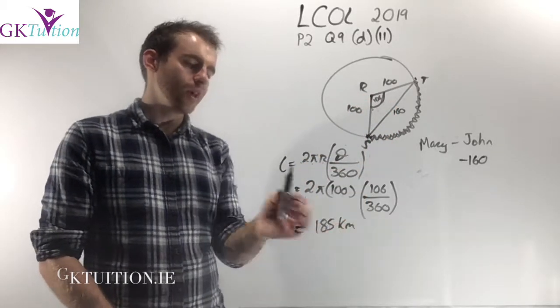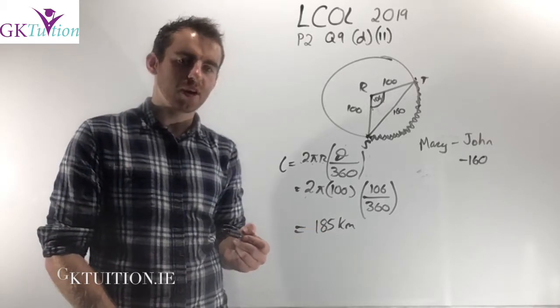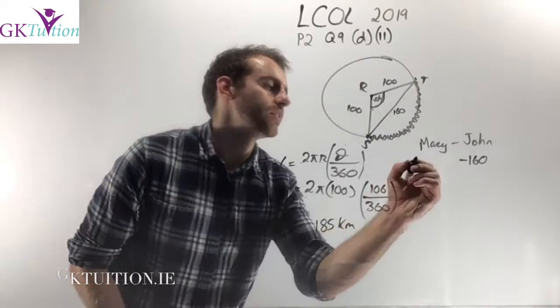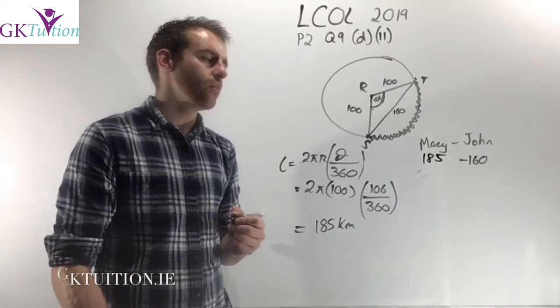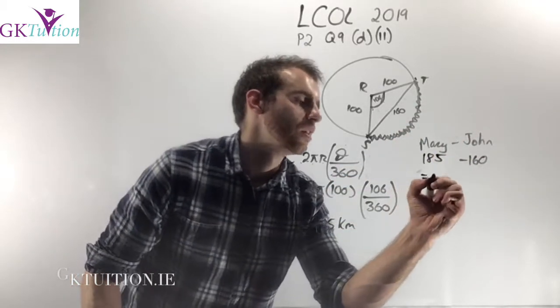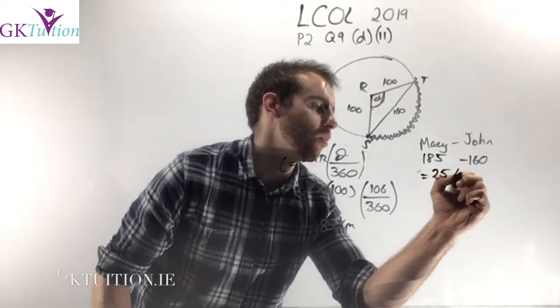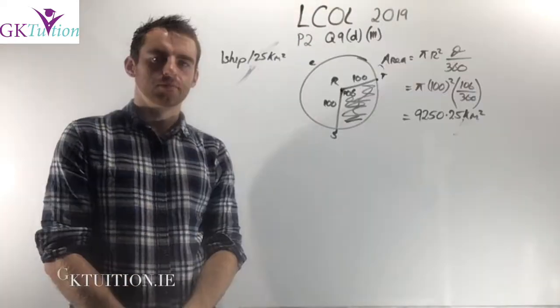So if we just plug all of that into our calculator, we work out that Mary travelled 185 kilometers. So to work out the difference between the distances travelled, it's just 185, which is Mary's distance, minus 160, which was John's distance. So it means that because Mary went the long way, she travelled an extra 25 kilometers.